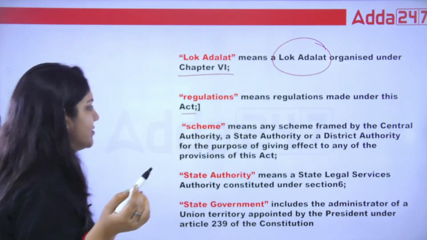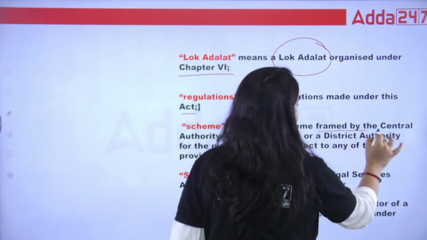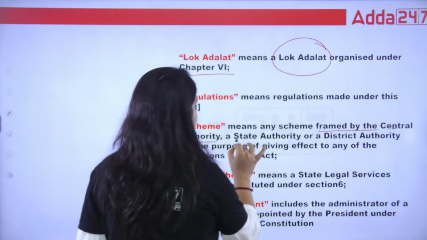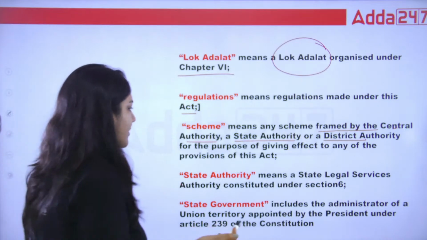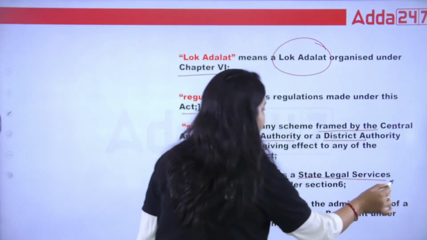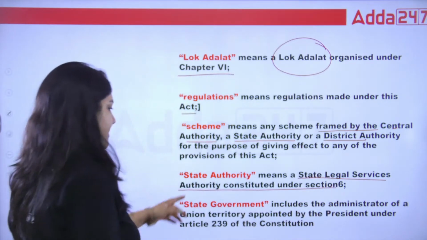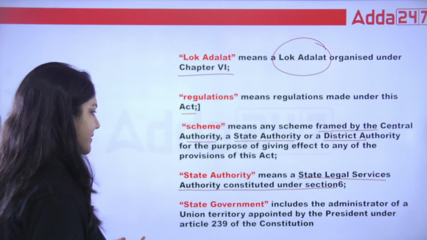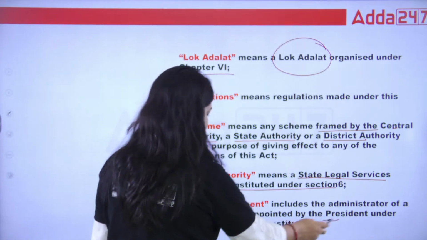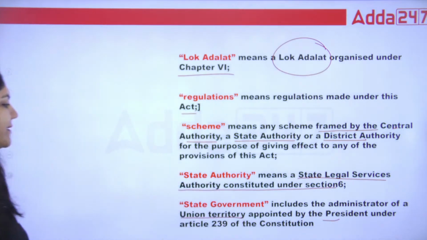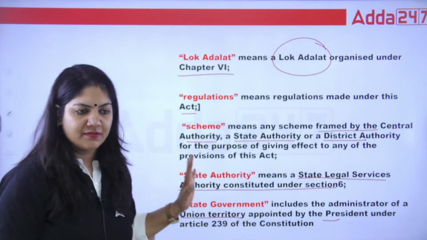Scheme means any policy that is framed by the central authority, state authority, district authority, etc. State authority means State Legal Service Authority constituted under this Act. State government includes the administrator of a union territory appointed by the President under Article 239. No need to remember these things.